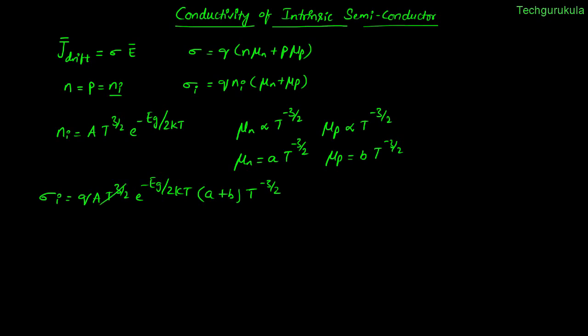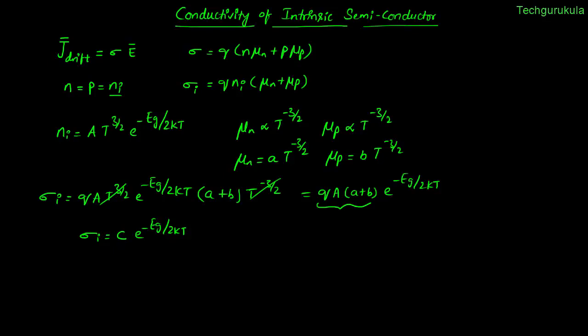Now T power 3 by 2 and T power minus 3 by 2 get cancelled. Now we have all constants, where sigma i is q times (A plus B) times e power minus Eg over 2kT. So all these constants, let me take it to be some constant, say C, so sigma i is equal to C times e power minus Eg over 2kT.